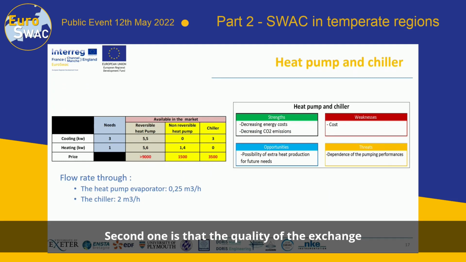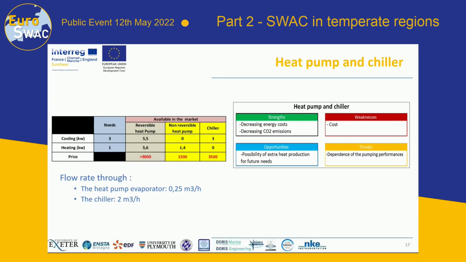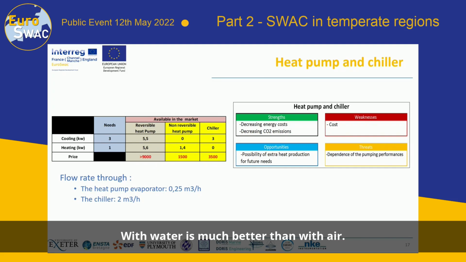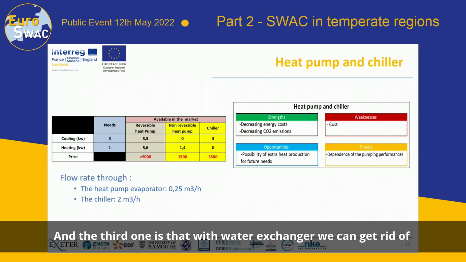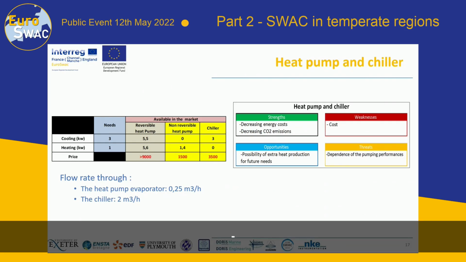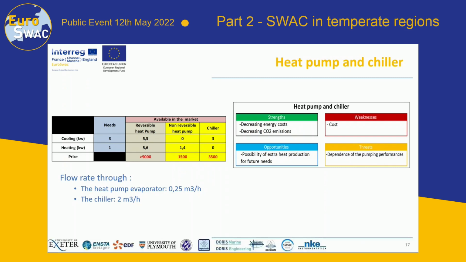Second is that the quality of the exchange with water is much better than with air. And third is that with a water exchanger, we can get rid of fin coils, because fin coils in a marine environment will get destroyed very fast, and it can be a big problem.